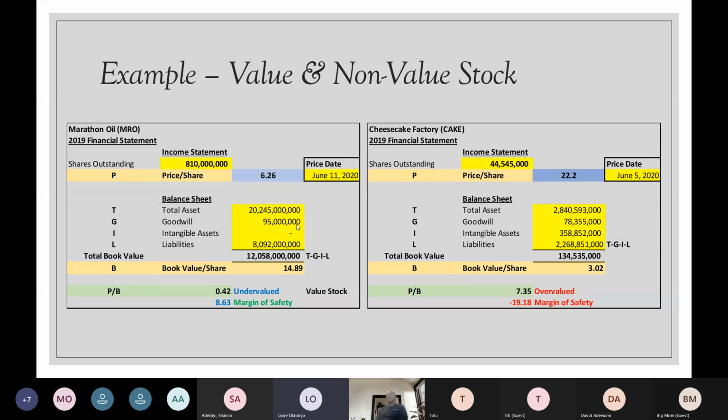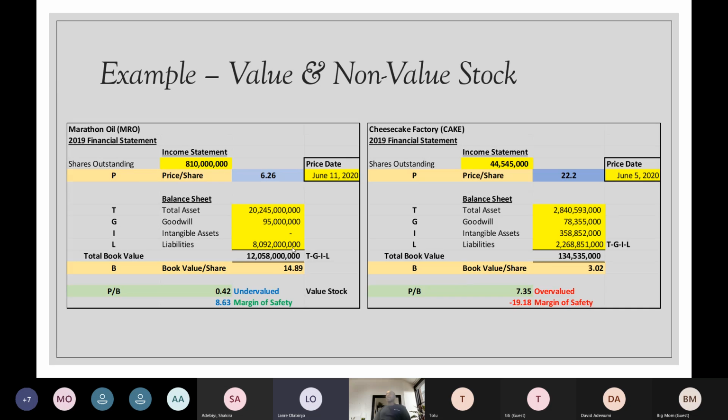It's related to brand, to name, to how well the company has managed its business over time. So the goodwill, the intangible assets of the company, and then the company's liabilities.